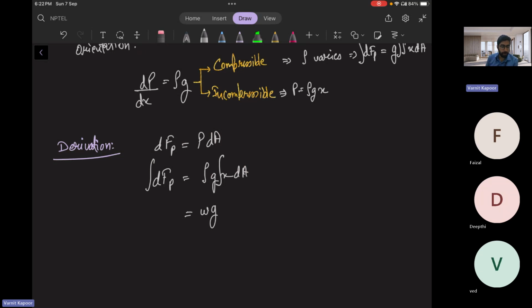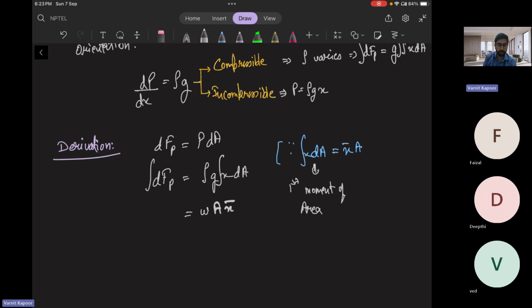X dA is nothing but x bar into area, which is your first moment of area. You might have studied this basic thing in your mathematics also.